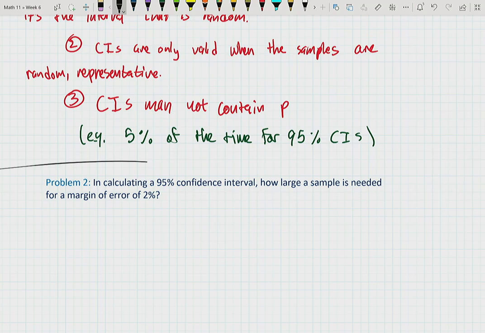The trippy thing is that 3,000 number, and I'm going to show you where it comes from. It doesn't depend on how large the overall population is. It could be valid for a population of 1 million or 1 billion or even 1 trillion, as long as you specify a specific margin of error that you're looking for.